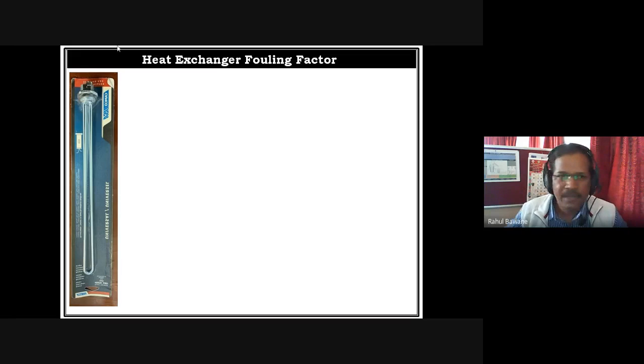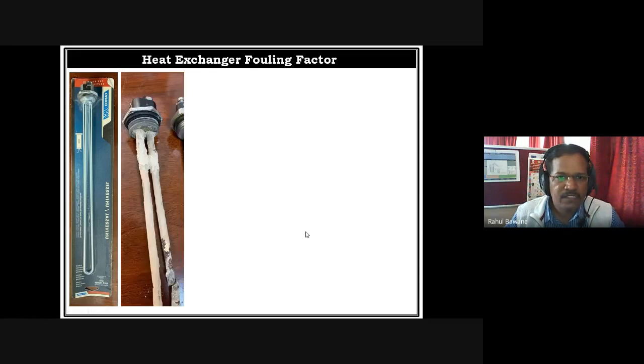So when we purchase it, it is just like new. But after some time, after 5 or 6 months, if you observe, there is scaling, and this hard scaling behaves like a barrier for heat transfer, because the water cannot come in direct contact with the metal surface.